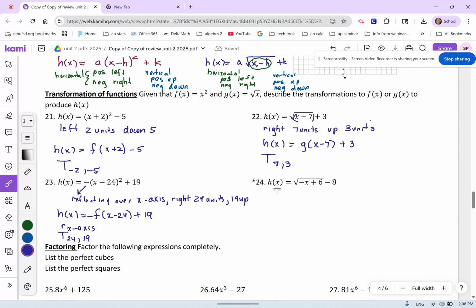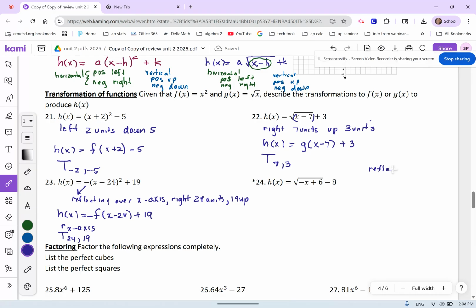Okay, the last one I starred. The reason why is this is a little bit more challenging, because you have to follow a specific order when you're doing transformations.